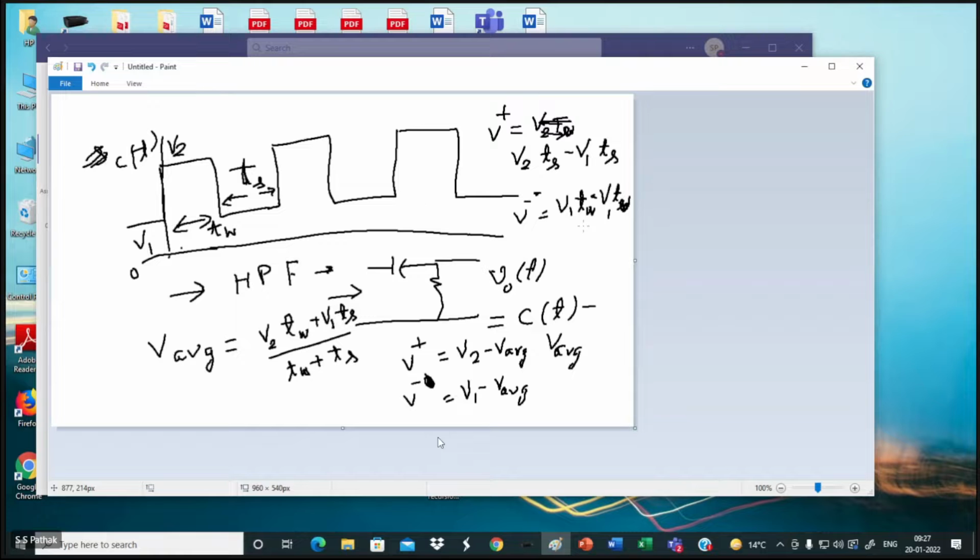The whole thing is divided by capital T. So V plus and V minus are coming like that. TW can come outside, TW by T.